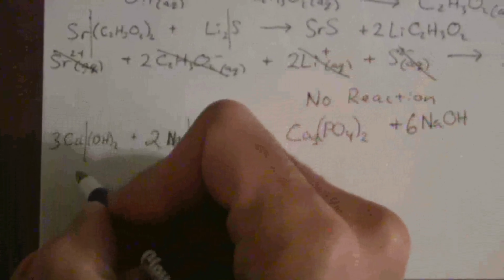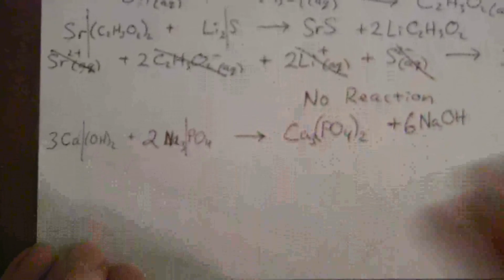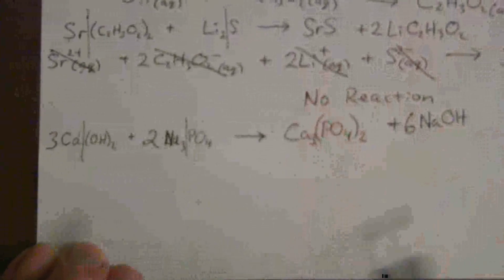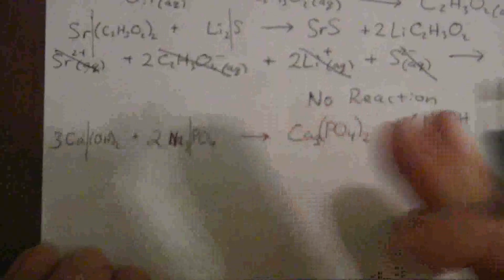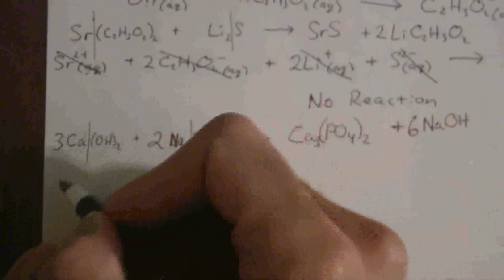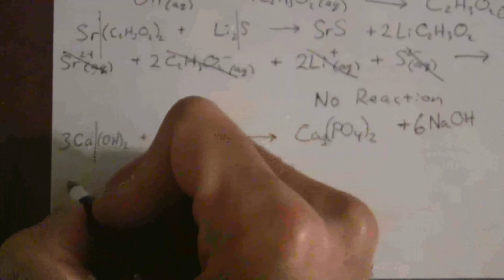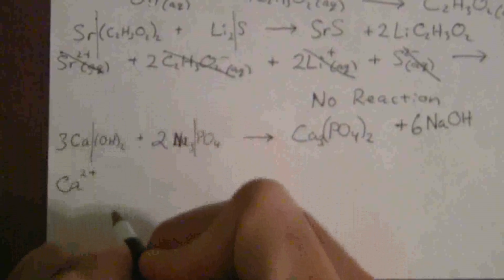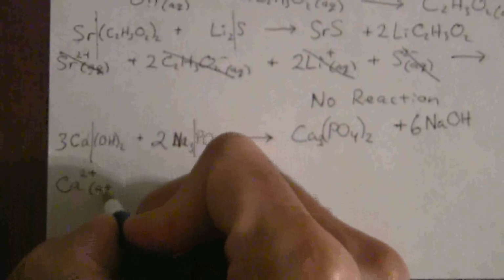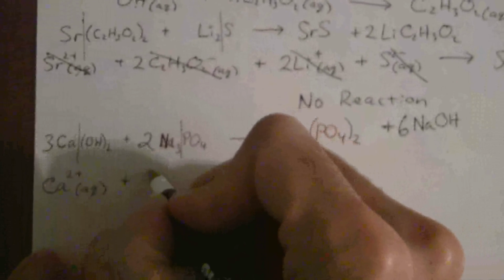And again, depending on what tables you're referencing, some will say slightly soluble, some might call it soluble, some might not include that with the soluble category. It's kind of in between there, right? But we'll say, okay, if it's slightly soluble, then at least some of it is going to be dissolved, and I can write it in the separated form.